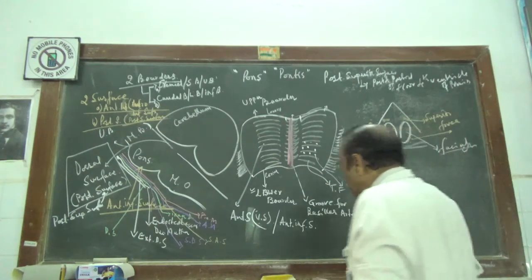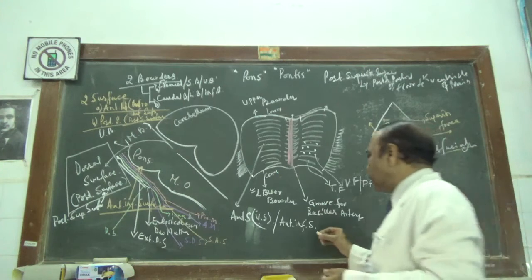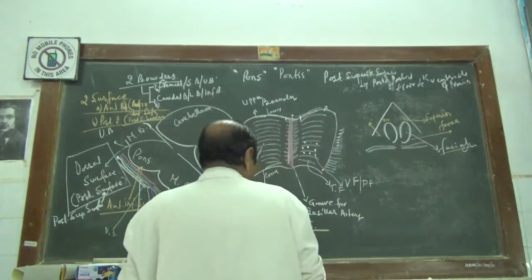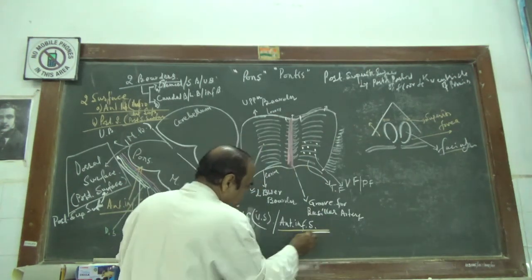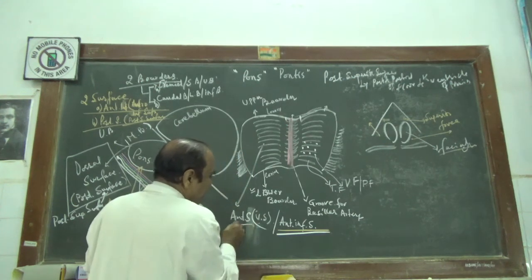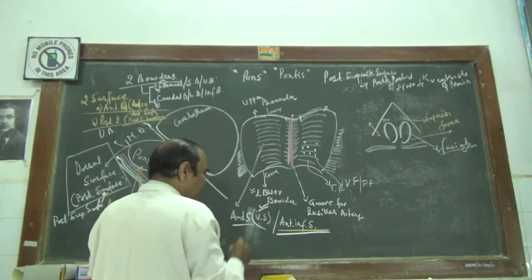Now you go back to this. This is said to be the antero-inferior surface, or anterior surface, or ventral surface.